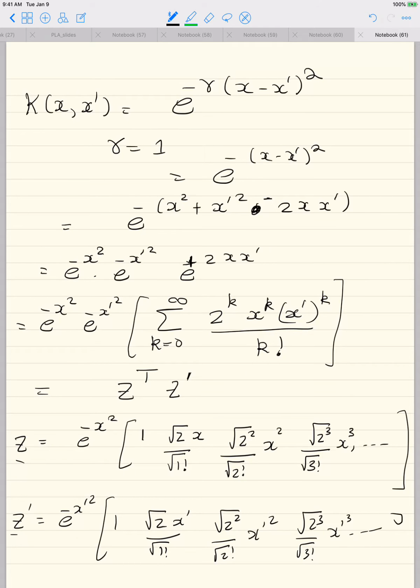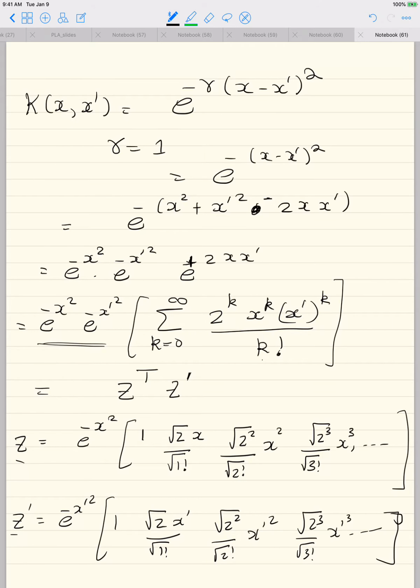You can see when you take the inner product, you have e to the minus x squared times e to the minus x prime squared throughout, which accounts for these two terms. Then if you expand the summation, the first term is a 1. When you take the inner product, multiply the components here, you get a 1. If you look at the second term, it's 2x x prime over 1 factorial when k is 1.